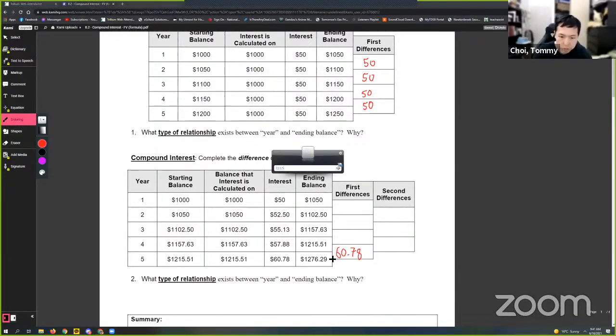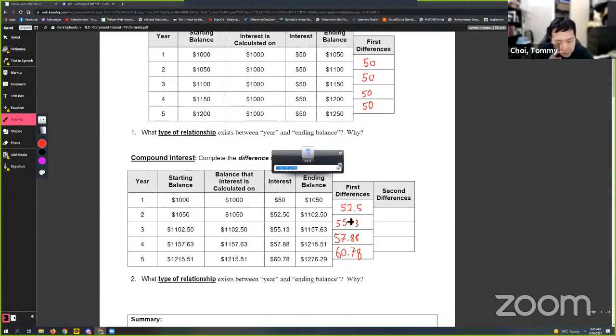And then we have 1215.51 minus 1157.63, which gives us 57.88. And we continue on calculating the rest of these. And then the last one, 1102.5 minus 1050 gives me 52.5.